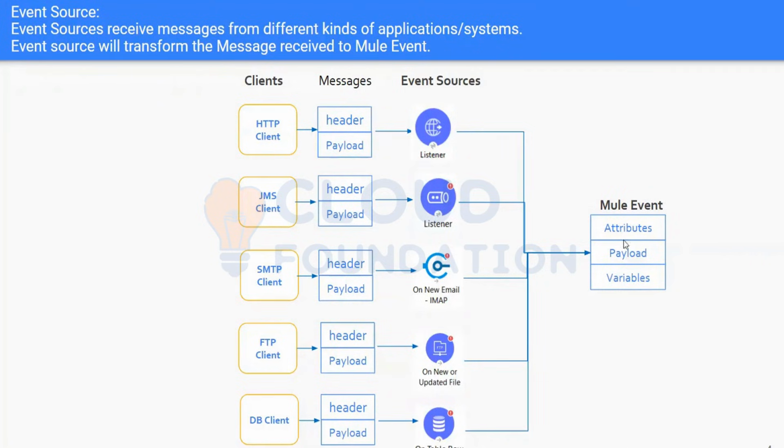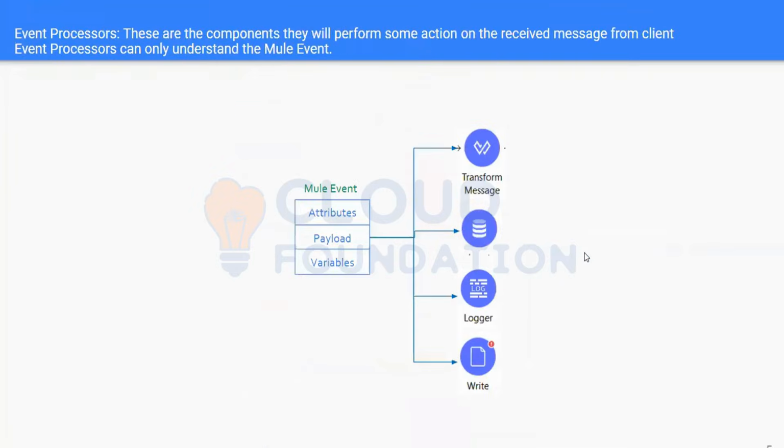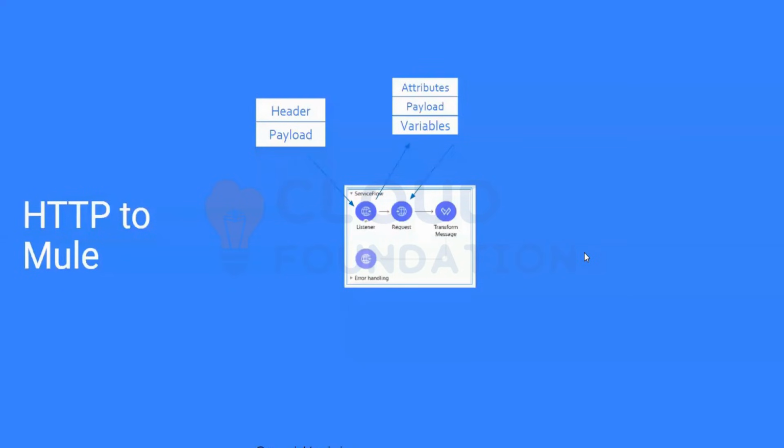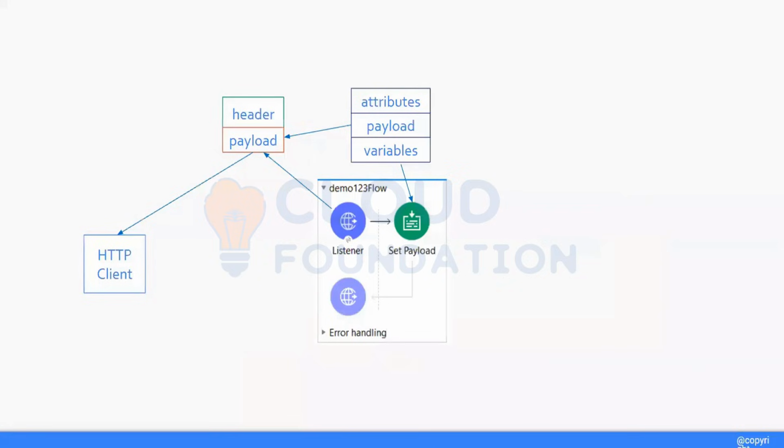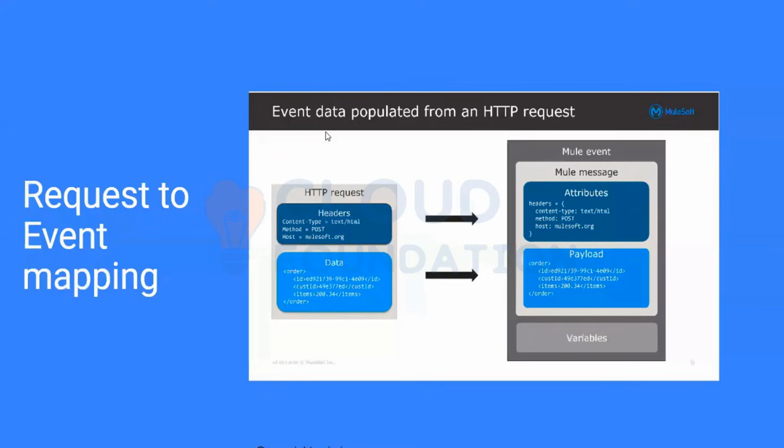So how are the attributes, payload and variables built from the incoming request? Whatever header things there are will go to the attributes section. The header is the attributes.